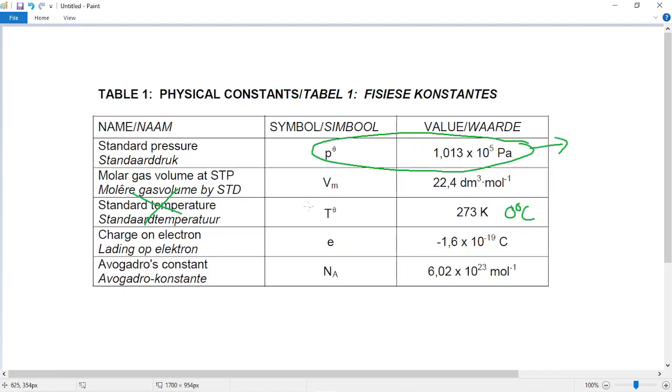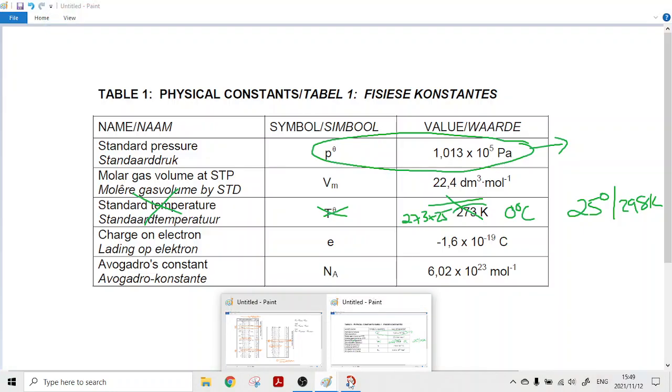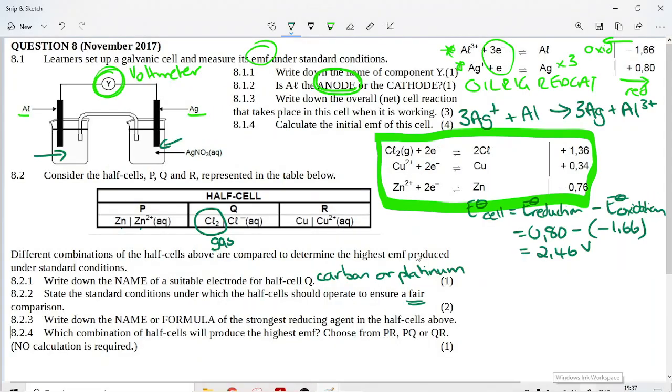But we will do this at not this temperature, but at 25 degrees. And so we can use this to say 273 plus 25 is going to give me 298 Kelvin, which is a good value for room temperature. But you can always get the standard pressure value off the back of the question paper.